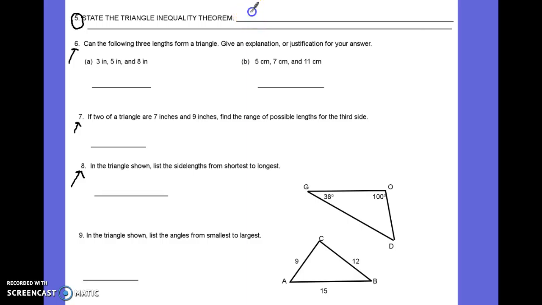And it says this: the sum of any two sides. And for a statement, don't put numbers in there, put words. Any two sides of a triangle is greater than the third.